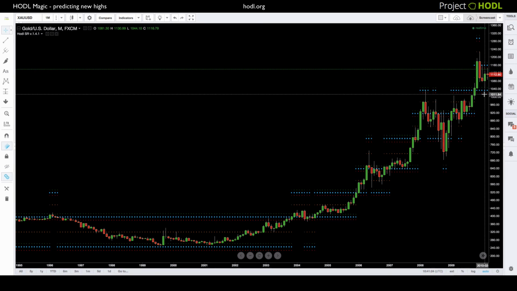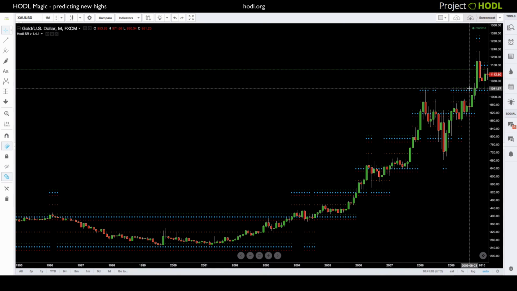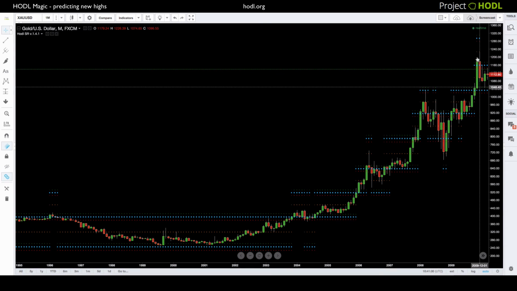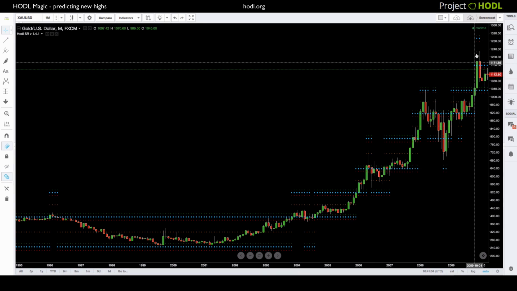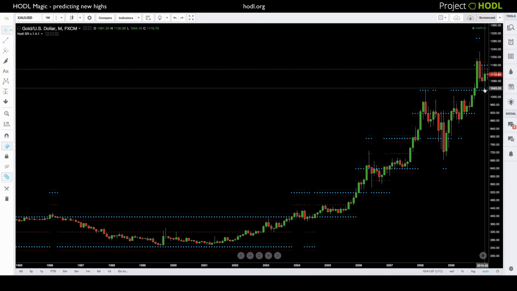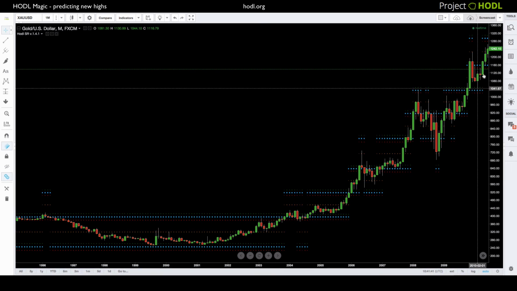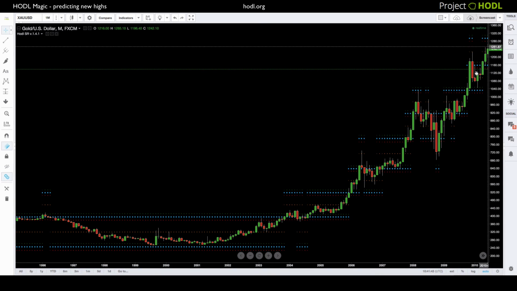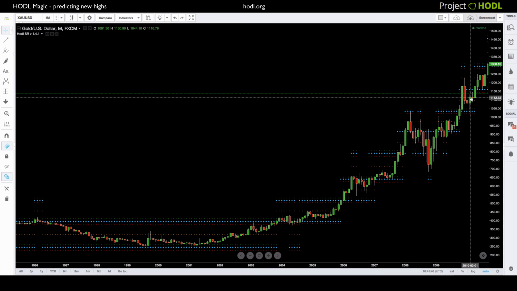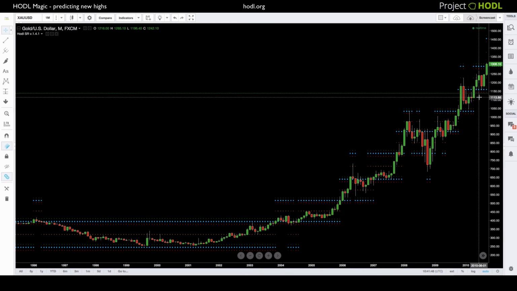We can experiment. Note that we are on monthly time frame right now, and you will have a lot of time to experiment a little bit with which setting is better. But for now we'll leave it like this, and you can see that price reacts on the levels quite nicely, and we are making new highs immediately after that. But let's see what will happen next.